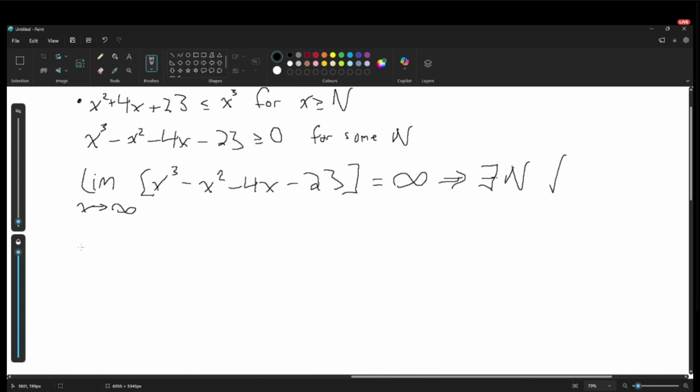You could also say that this whole thing, x cubed minus x squared minus 4x minus 23, is always more than or equal to x cubed minus the rest of the stuff right here.